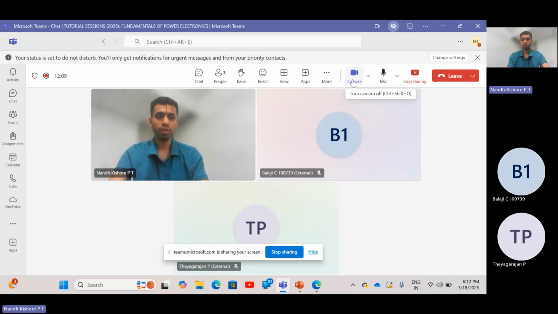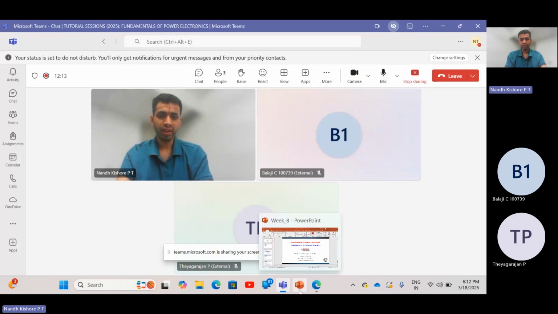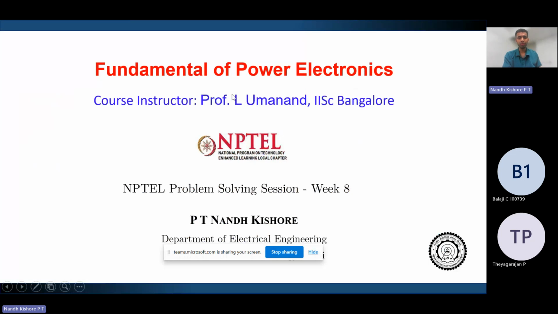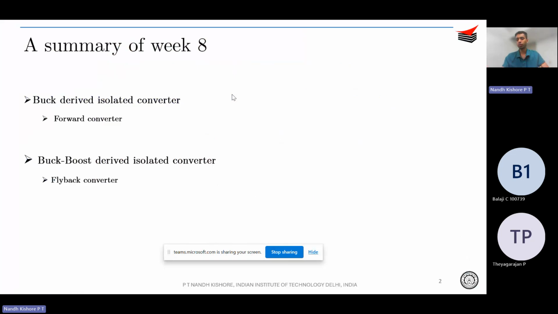Okay, so I think we can start now. Good evening and welcome again to the problem solving session for week number 8. In this week, I guess you dealt with two main types of converters, the forward converter and the flyback converter.